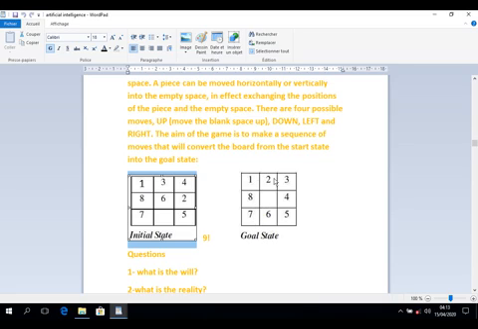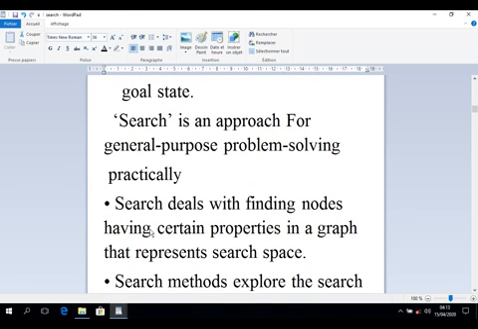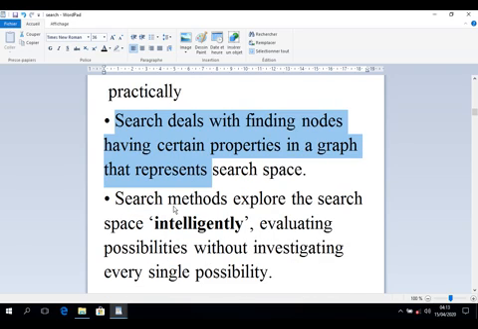Search methods explore the search space intelligently, evaluating possibilities without investigating every single possibility. So what is the search space? It is just the set of states.